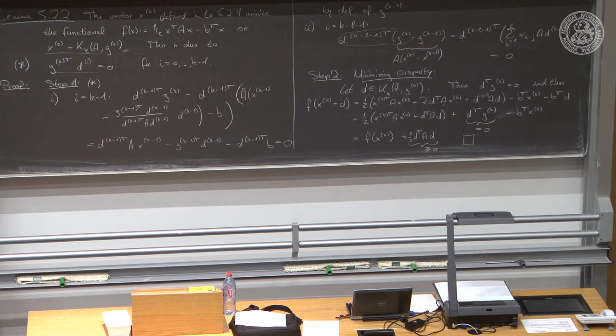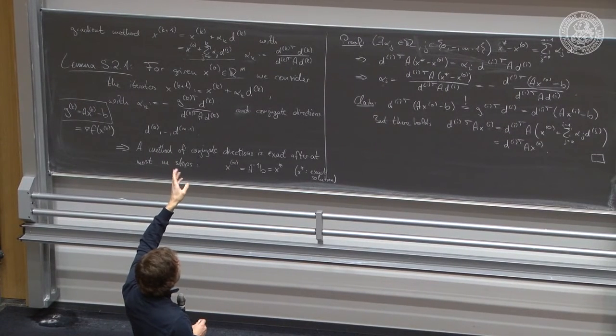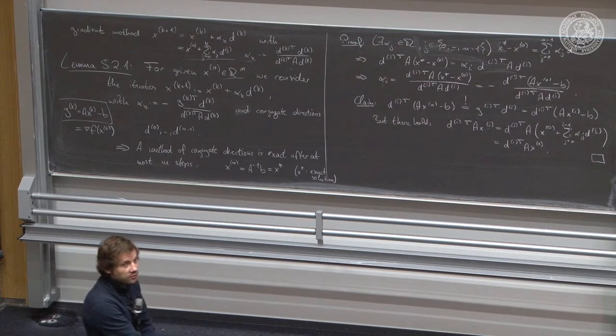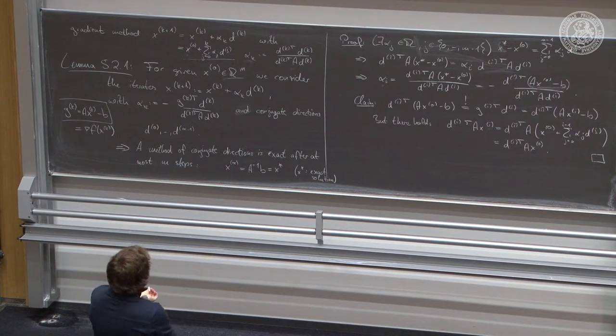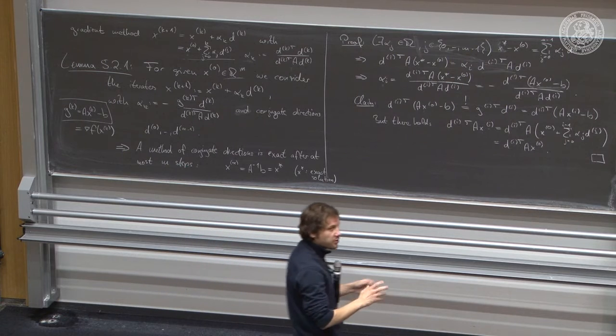The direction of steepest descent, d_{k+1}, is again something like minus the gradient g_{k+1} plus some correction term.